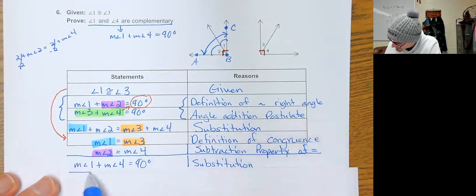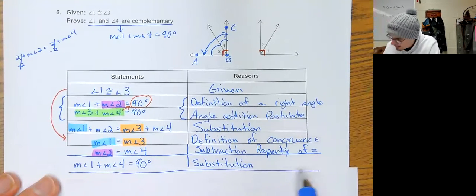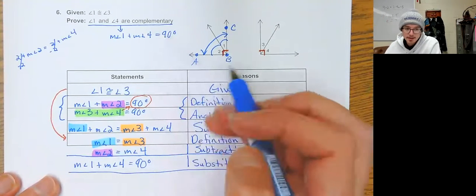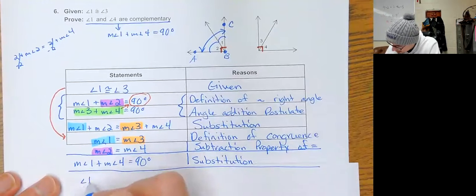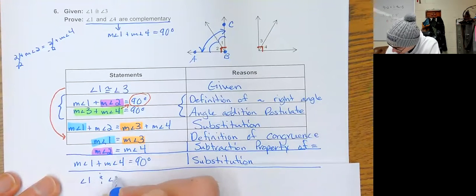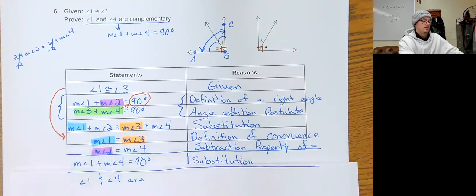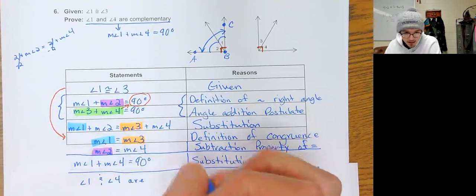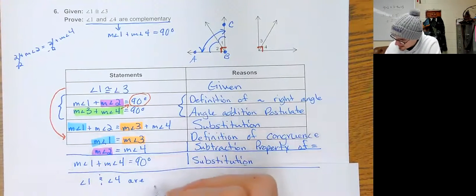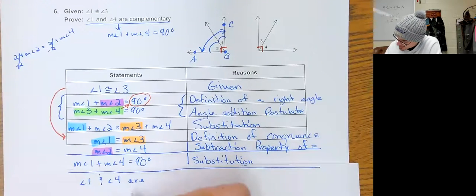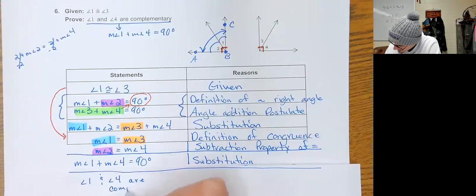All right. Okay, I got that they add to 90 degrees. That means they're complementary. So now I can say angle 1 and angle 4 are complementary.